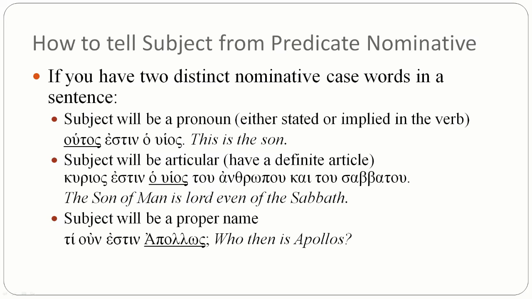Which one is it? Is it the Lord is the Son or the Son is the Lord? According to this rule, the subject is going to be the one with the article on it. So the one that we put first in English is going to be the Son. The Son of Man is Lord even of the Sabbath. The Son is Lord is the basic sentence.